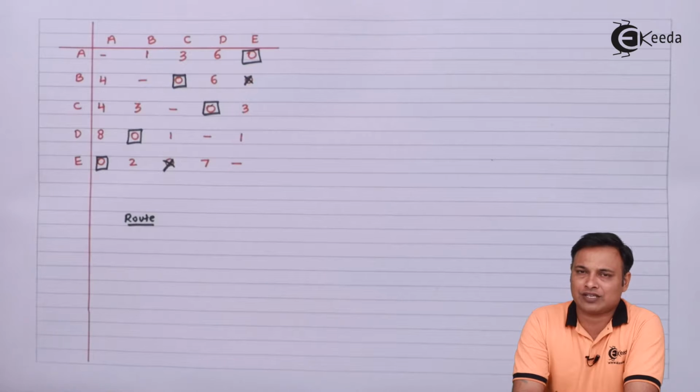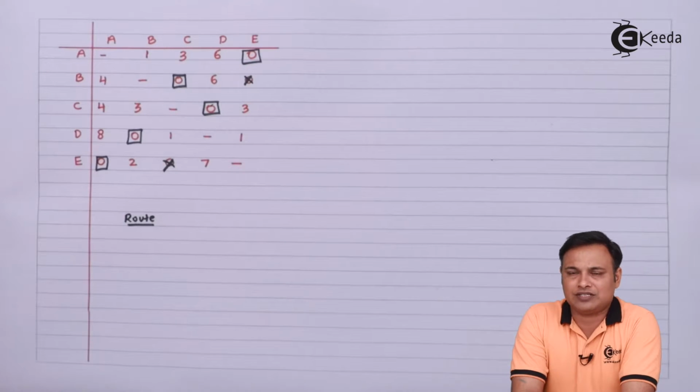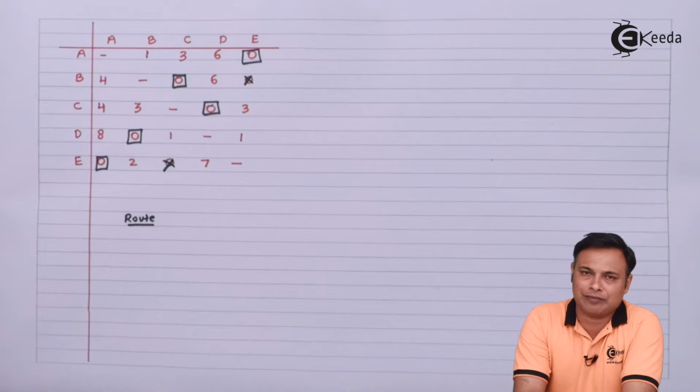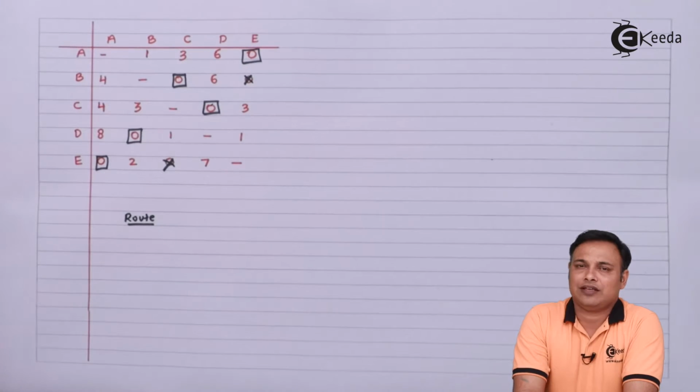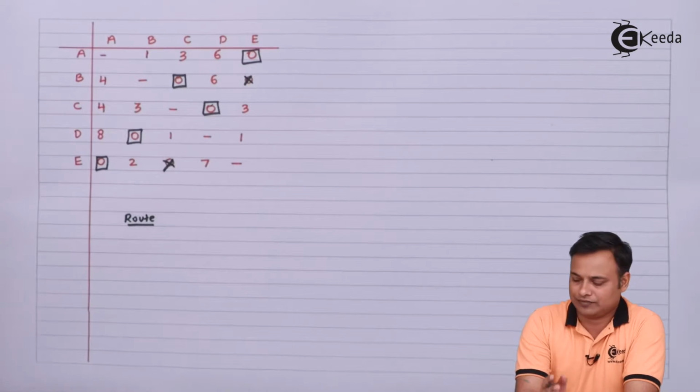Now let's see if this condition is satisfied. A traveling salesman problem is not exactly an assignment problem. What we have done at the first stage is we have obtained the initial solution by Hungarian assignment method, but then is this solution satisfying all the conditions of a traveling salesman problem?